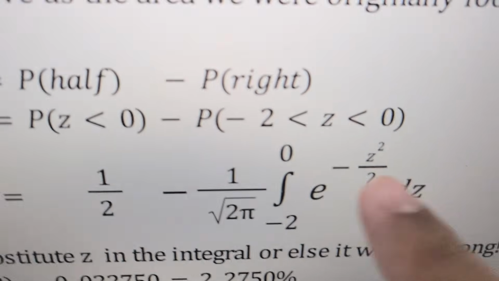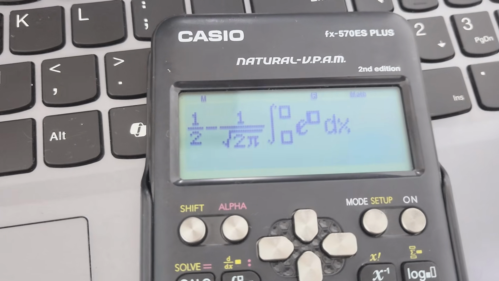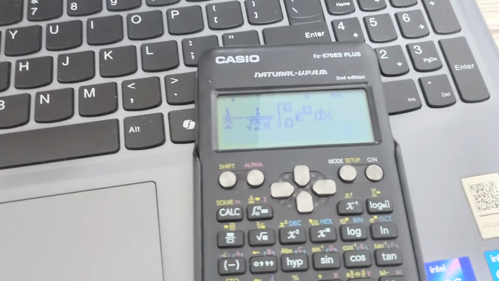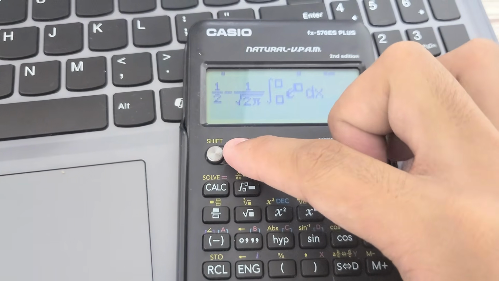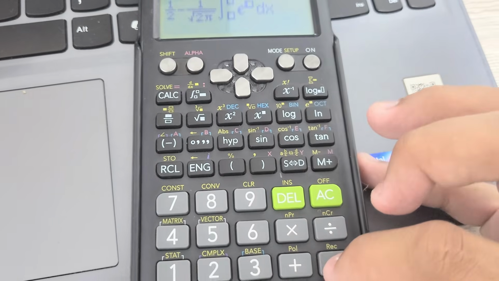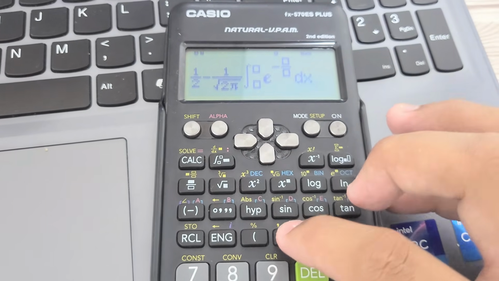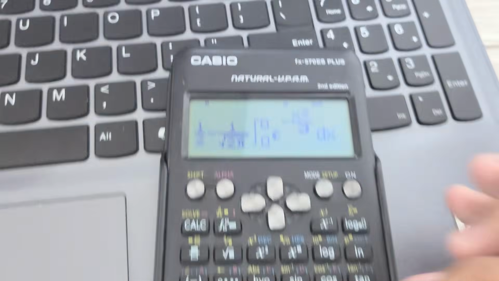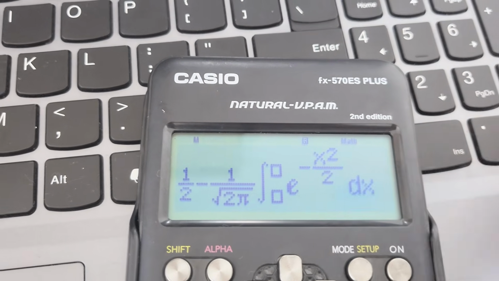Now, for the z squared over 2 part, you should look at your calculator to see what the variable of integration is. As you can see, it's dx, but for here, it's dz. So what you need to put here is x itself. You can do this here. Another important thing is if you're using the variable here, it should be x.